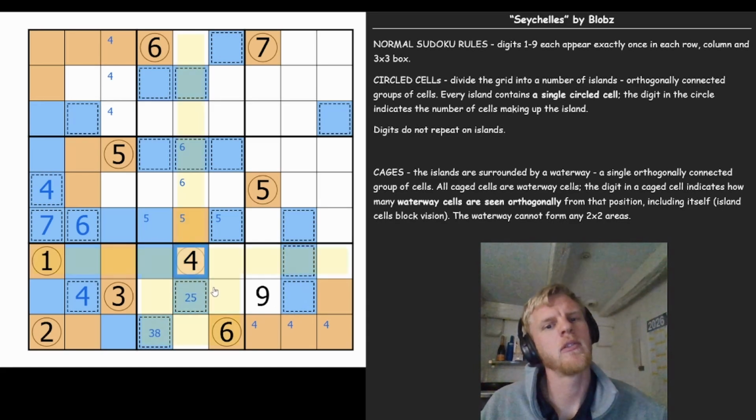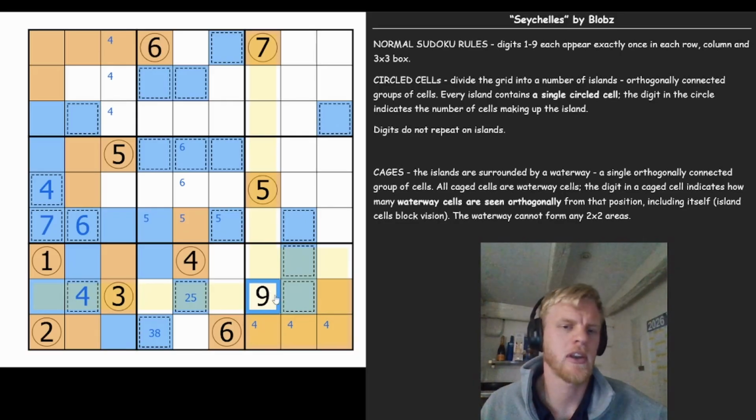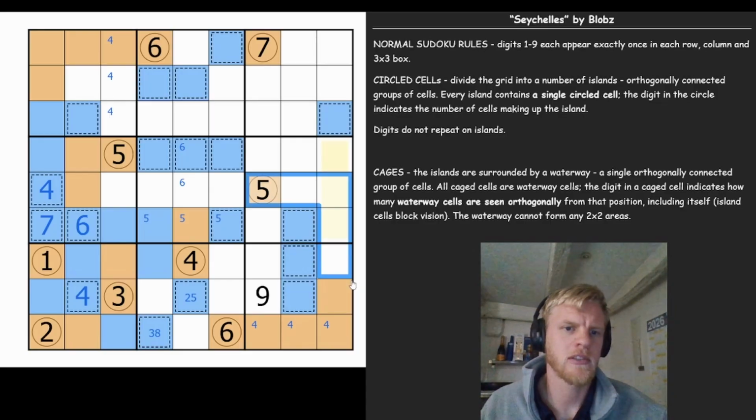And this 4 can't reach the 9, 5 can't reach the 9. So if the 6 doesn't reach the 9, do you get a 2 by 2 square? No, because both could reach here. 5 could go like this, 4 like this.